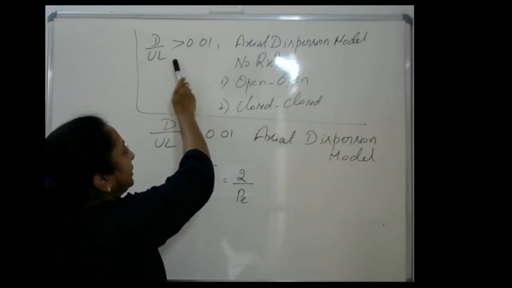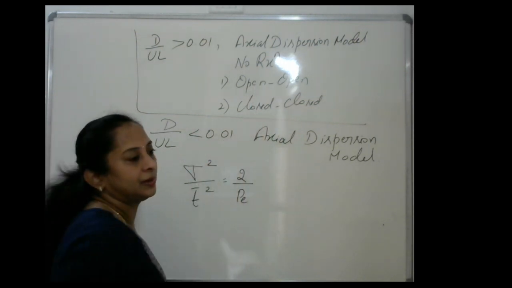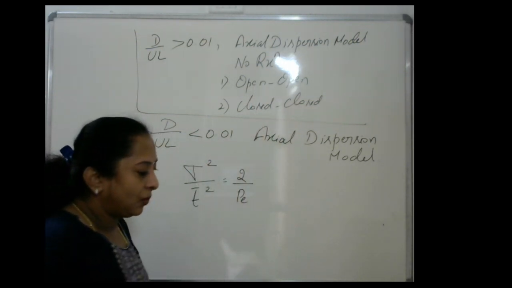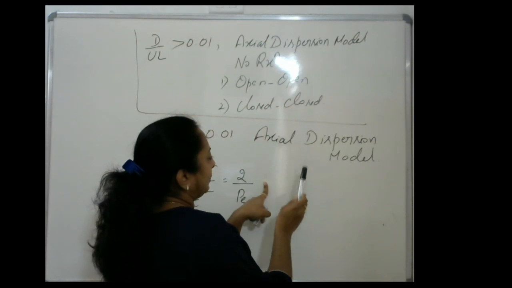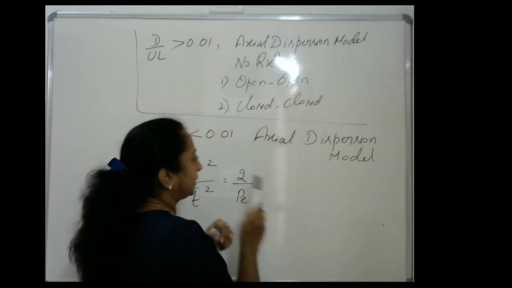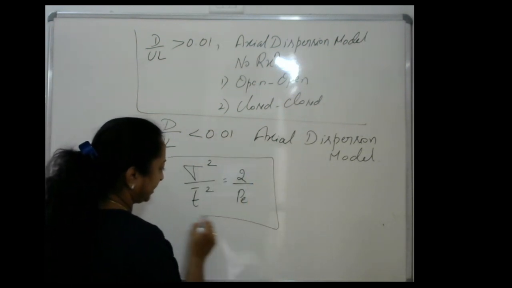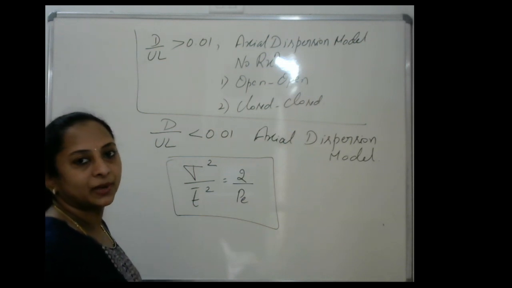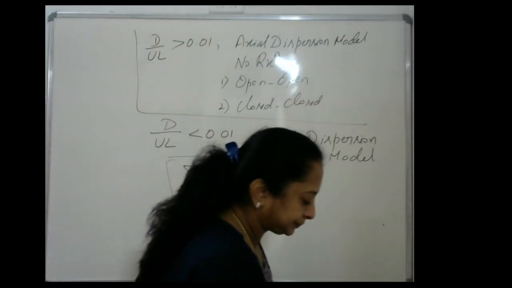For open vessel you have this plus something, for closed you have this minus something. Since there is no dispersion effect, your equation reduces to sigma square by T bar square equal to 2 by P.